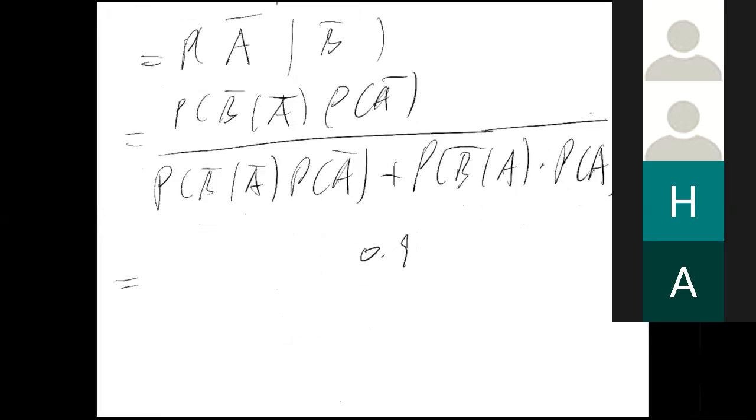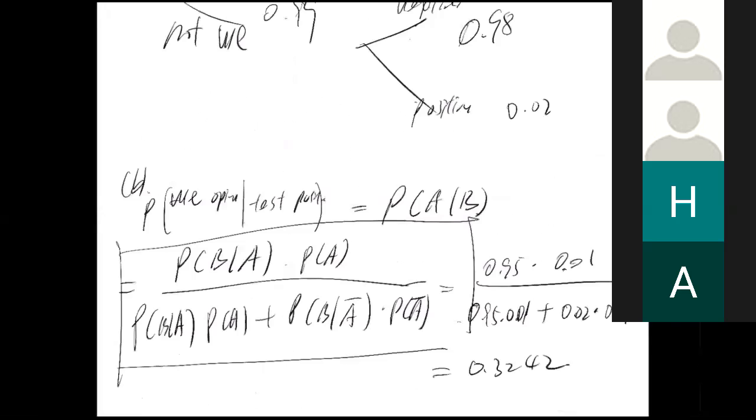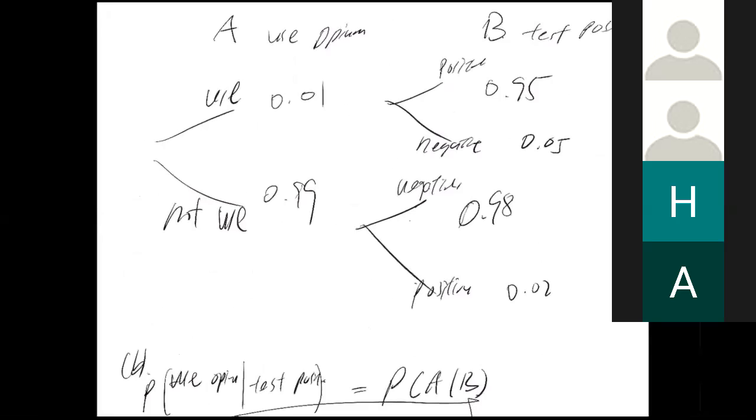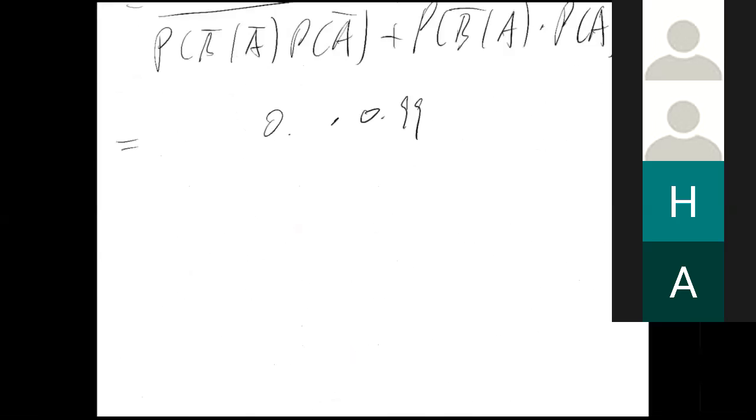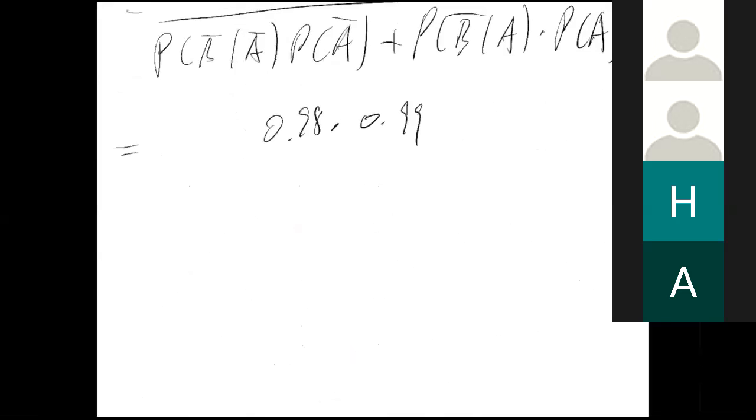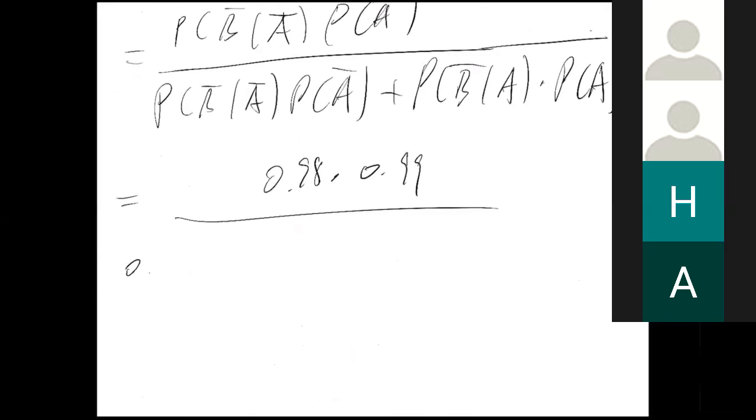Sorry about that. And B bar given A bar is, given not use opium, has negative, so that's 0.98. So the denominator is 0.98 times 0.99 here.